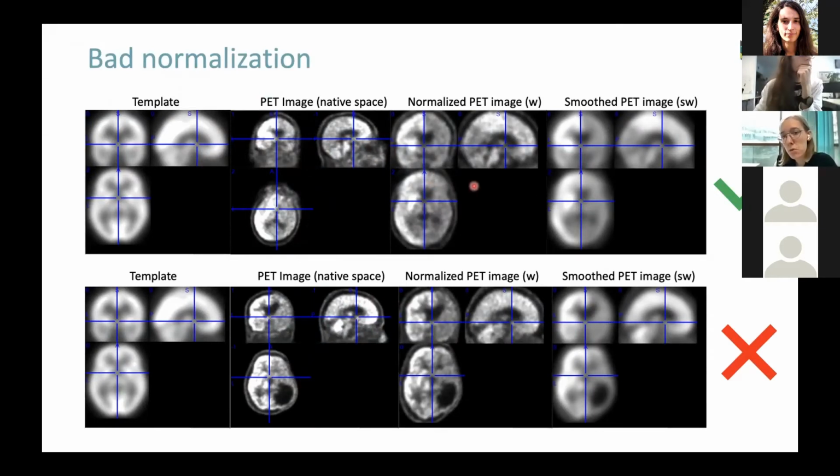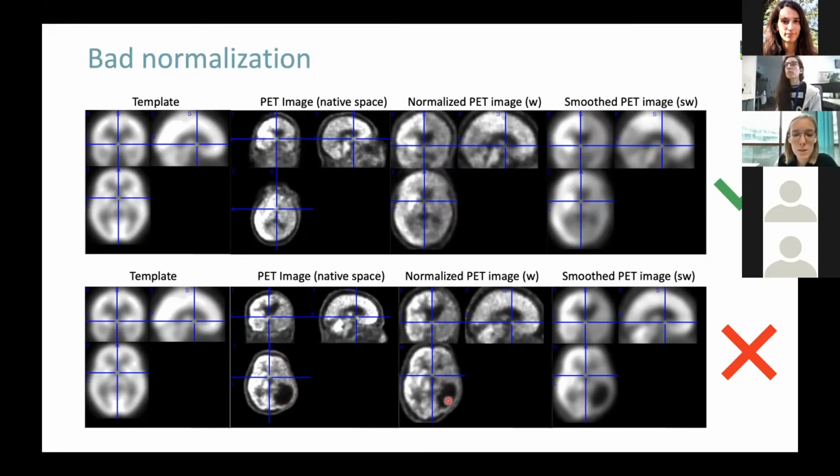And indeed, the normalized PET image looks pretty much like the template, especially after smoothing, which is also performed for the template. But then if we look at the patient below, you see that this PET image in native space already shows a huge lesion. So there is a big craniectomy, and the brain is kind of pushed outwards of the place where it used to be in a healthy volunteer.